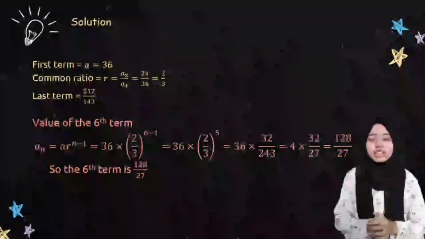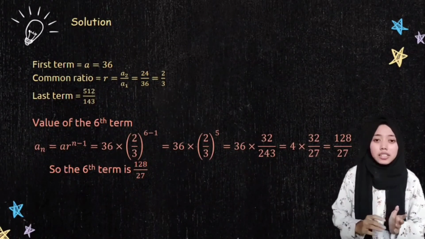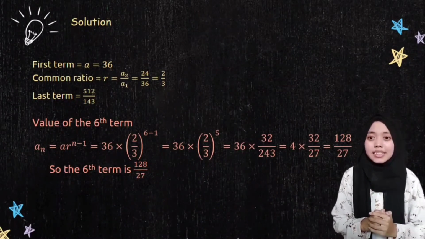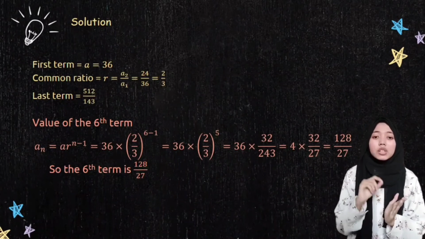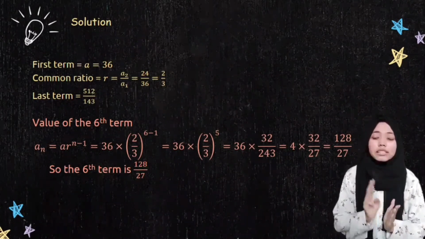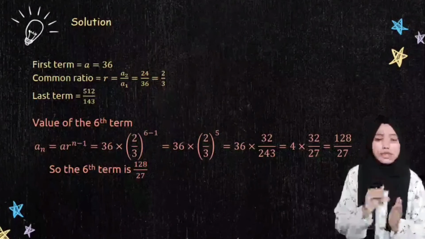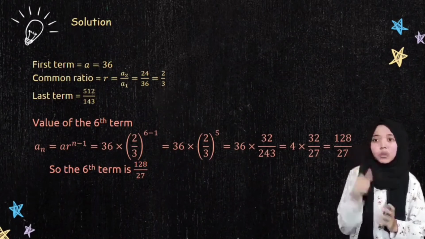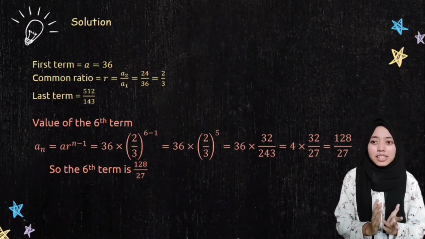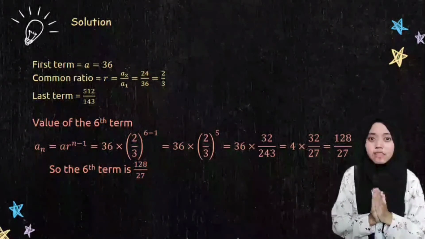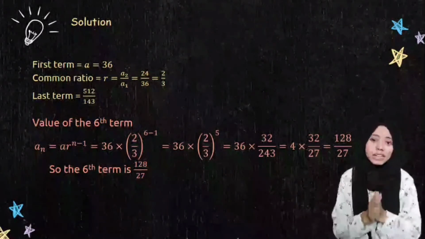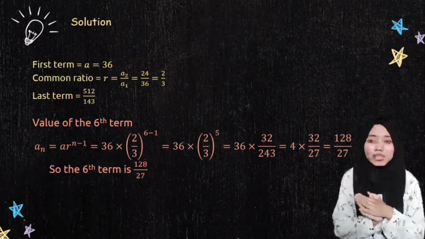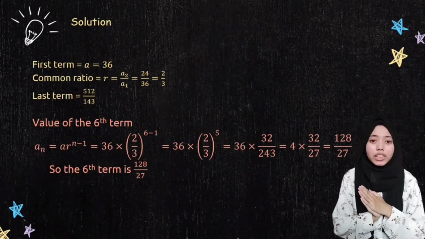From the formula, a times r to the power of n minus 1, we get 36 times in bracket 2 divided by 3 to the power of 6 minus 1. From the calculation, we get a6 is 128 divided by 27. So the sixth term is 128 divided by 27.